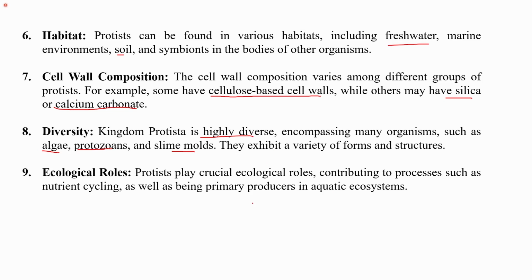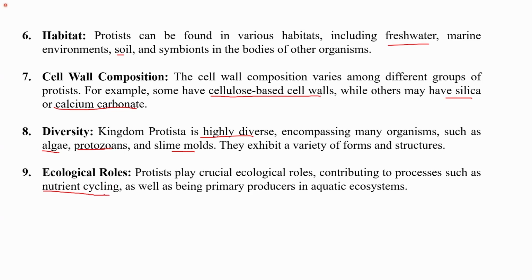If I talk about the ecological roles, just like we talked about the ecological roles of Monera, where they help in decomposition and nitrogen fixation for the plant, similarly protists also have their own ecological roles. They contribute to nutrient cycling.